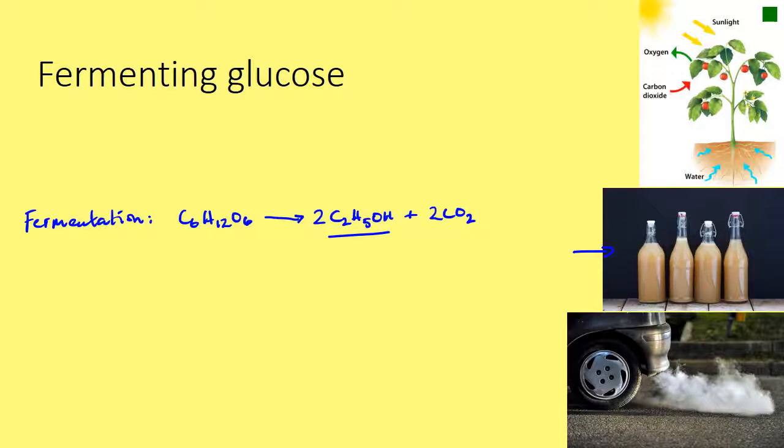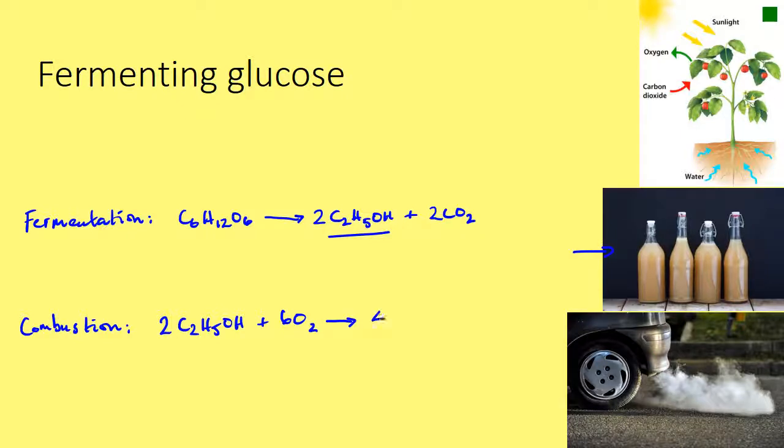Let's put it in the car, and the car burns it, and so that's a combustion reaction. So when we're combusting our ethanol, let's see what reaction happens. So let's start off with 2 molecules or moles of ethanol. And we would need 6 moles of oxygen to combust that.